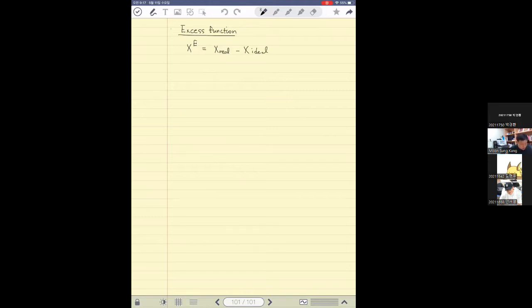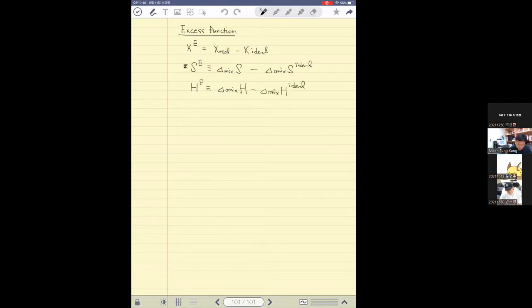So when I define excess entropy of mixing, this is basically the entropy change upon mixing for a real solution, minus the entropy change upon mixing of an ideal solution, right? The excess enthalpy is defined as the enthalpy change upon mixing minus the enthalpy change upon mixing for an ideal solution.